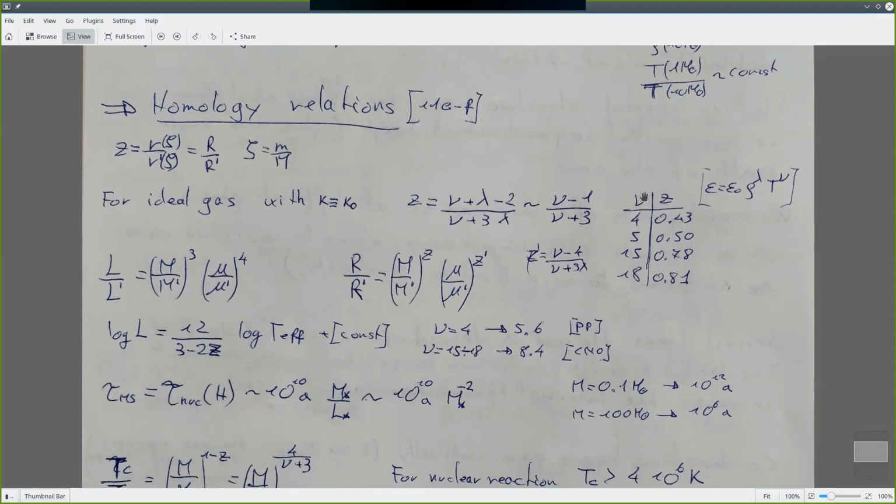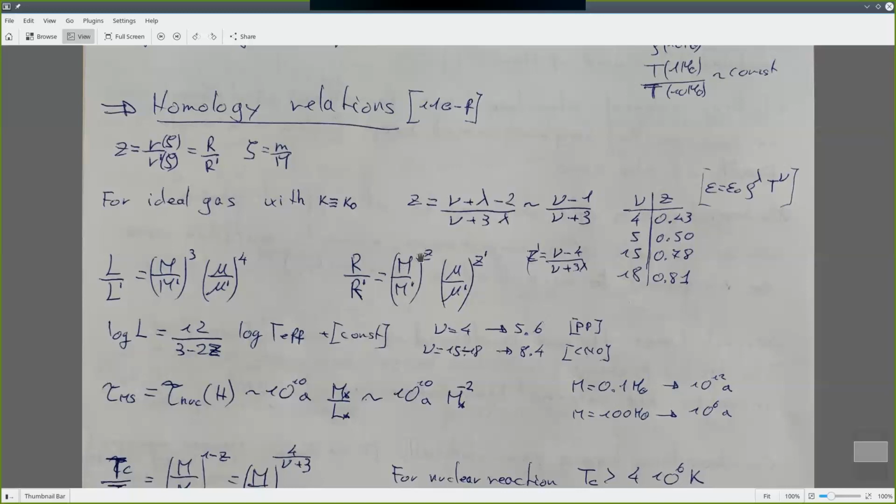Here we can see nu varies from 4 to 18. This value changes in this way from proton-proton to CNO. From the homology relation, we got exactly this one: the ratio among the luminosities is equal to the cubic power of the ratio among the masses and the ratio among the molecular masses, which is connected to the composition.